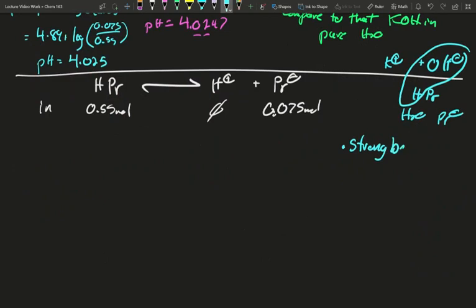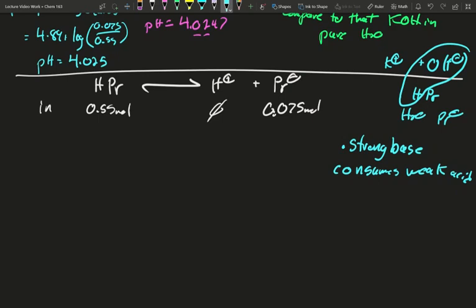Strong base is consuming, so strong base consumes the weak acid. It's going to react with it. It's going to steal the donatable proton off of the weak acid. That's what an acid's good at doing, donating the proton.